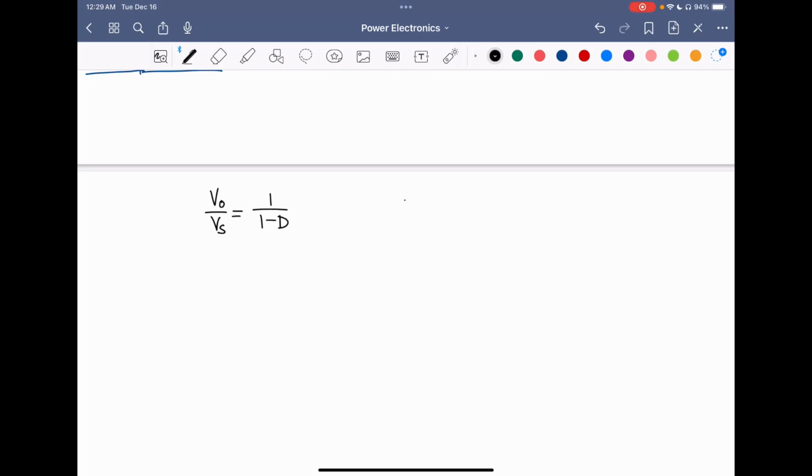Now, what happens if the duty cycle approaches 1? Then the conversion ratio approaches infinity. So theoretically, we have some DC-DC converter that has a conversion ratio that goes to infinity. But in practice, this doesn't work.